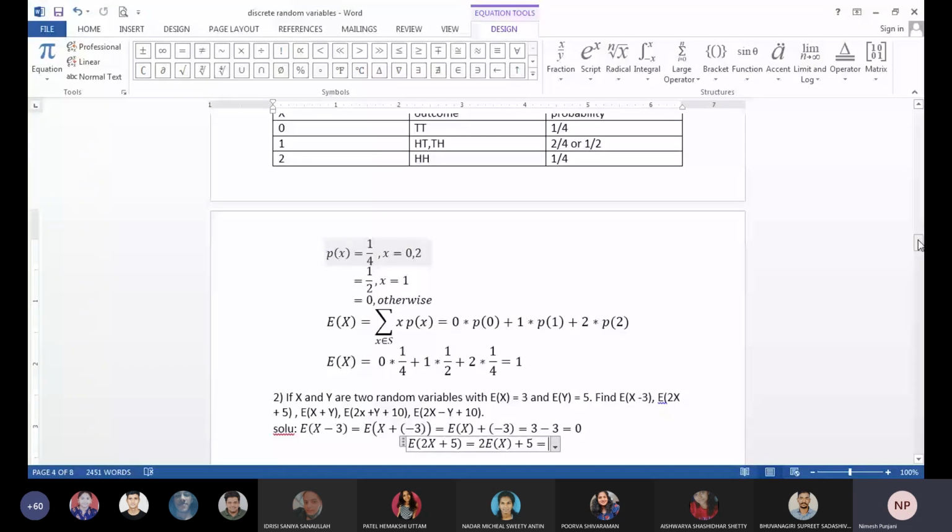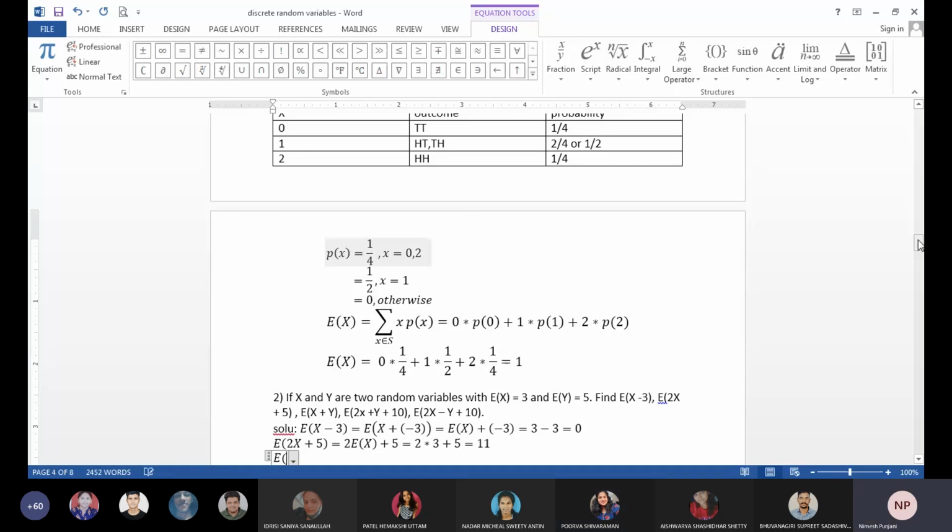This is your third property. So the value of a is 2, the value of b is 5. So we get 2 times expected value of x plus 5. So that is 2 into 3 plus 5. I get the answer as 11. Is it fine? Yes, sir.